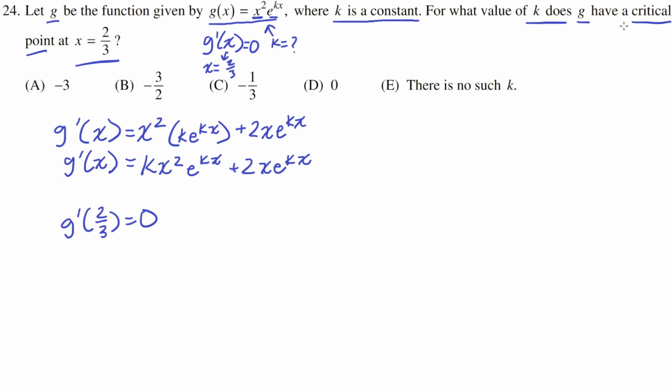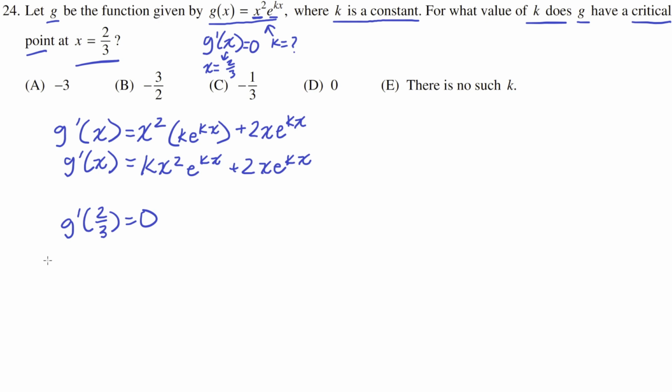Because we know that critical points are points of a function where its derivative, in this case g prime, is equal to 0. So let's plug 2/3 into our g prime and solve for the value of k.